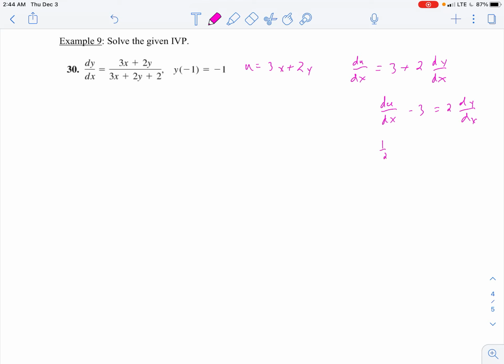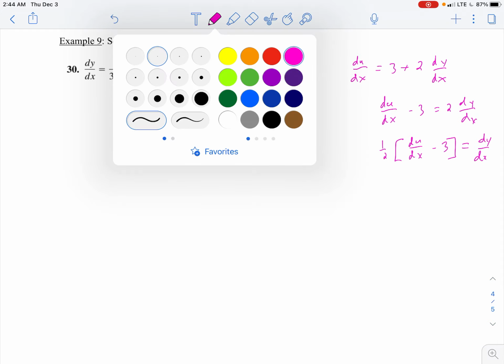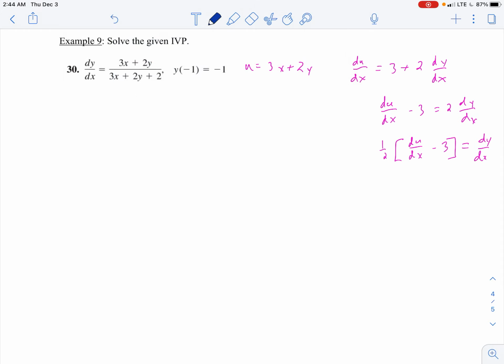So we're going to get 1/2 du over dx minus 3 is equal to dy over dx. If you wanted to distribute that 1/2, that's fine. I just know that when we work further along, we're not going to have that. We're going to keep that minus 3 there because it just makes it easier.